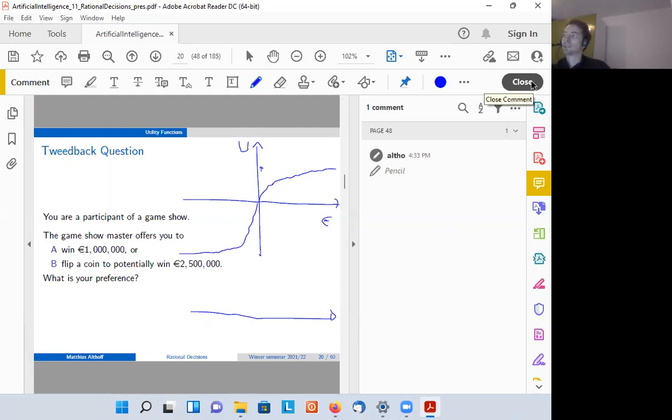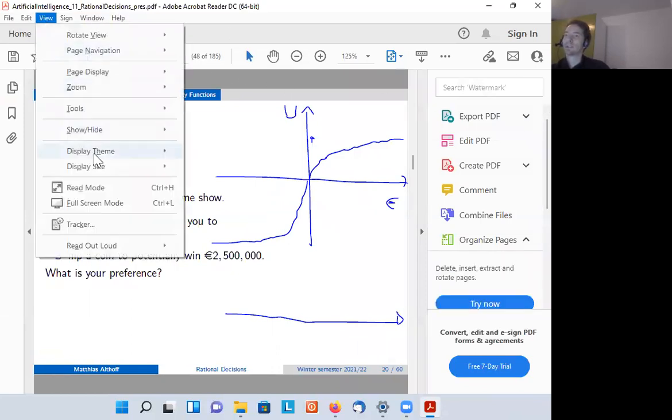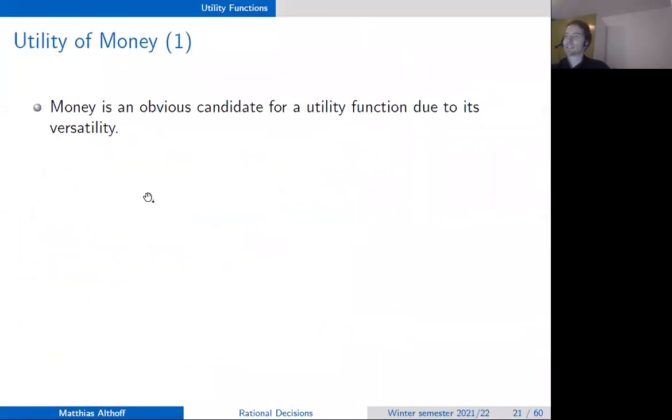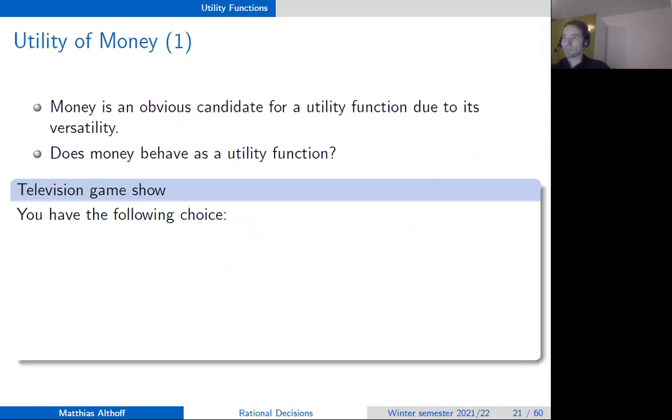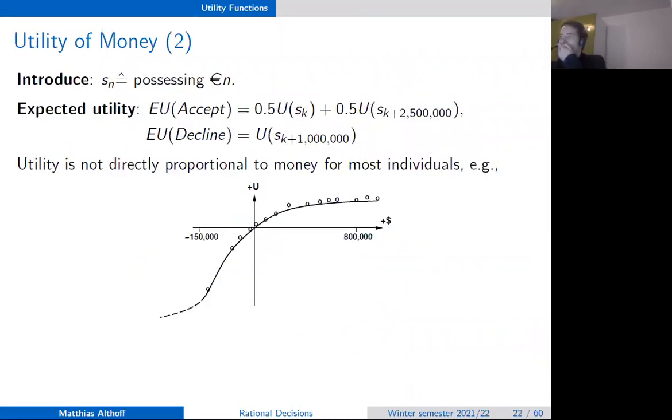Okay, so let's close this. Okay, we can go back to full screen. And now all of a sudden, this makes a lot of sense. So this is what we discussed. The expected value is higher if you choose the second option, but the utility, as I said, flattens.